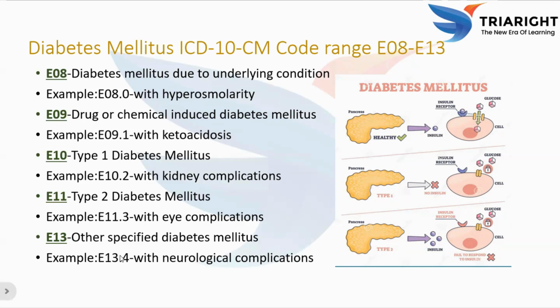So E13 is for other specific causes that don't fit the main categories. Did you get my point? E08, DM due to underlying condition. E09, drug or chemical induced DM. E10, type 1 DM, E11, type 2 DM, and E13, other specified DM. So this is the classification of diabetes mellitus.